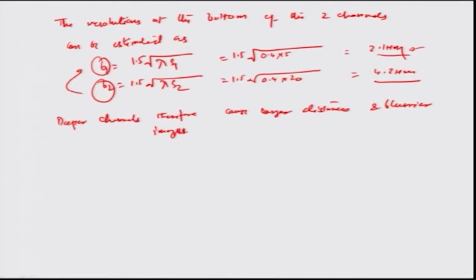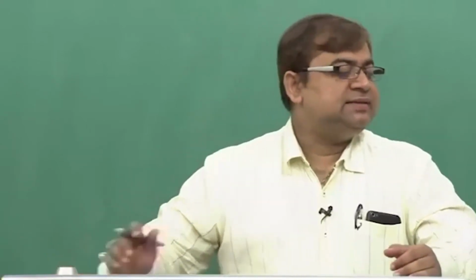So, it is obvious that you will have to plan the depth of the channel in a manner so that it does not mess up the minimum feature size which is planned in the layout for the mask. So, you have to be very careful on planning that aspect of the mask in its design stage.